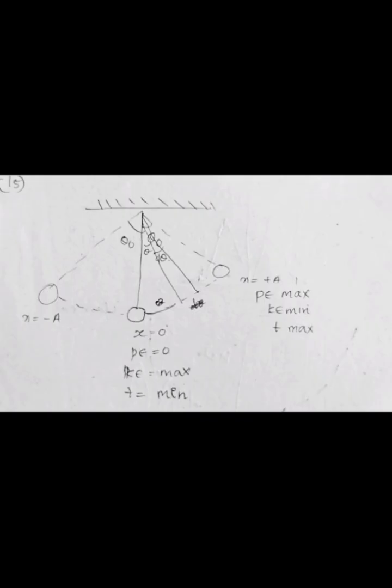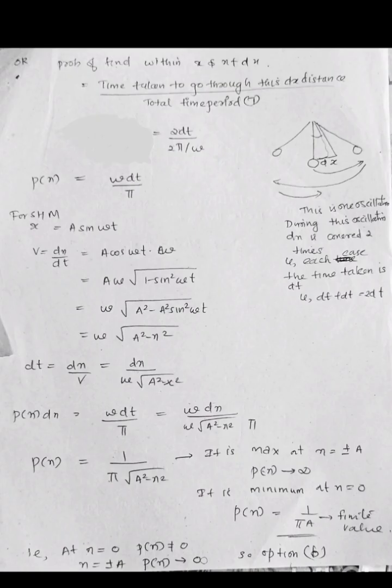So we assume that the bob is moving from the mean position to the extreme position, making an angle theta and covering a distance x. For small angular displacement, it covers only a small distance, let's say dx.